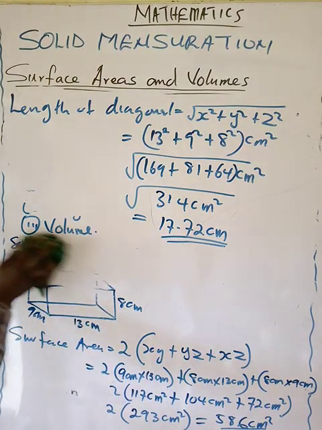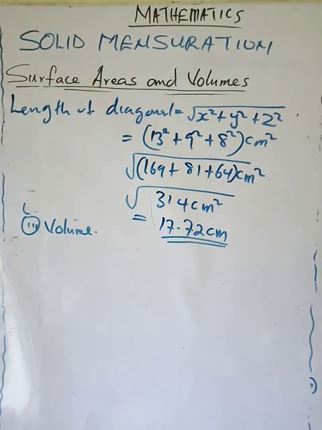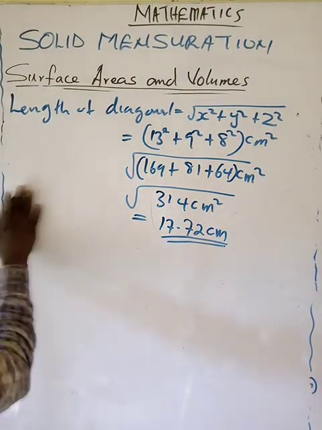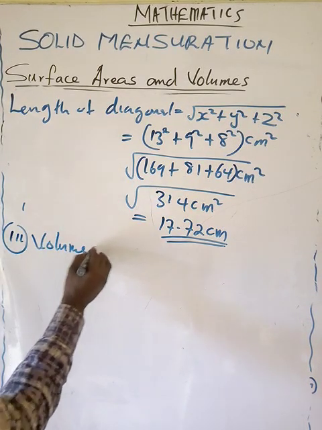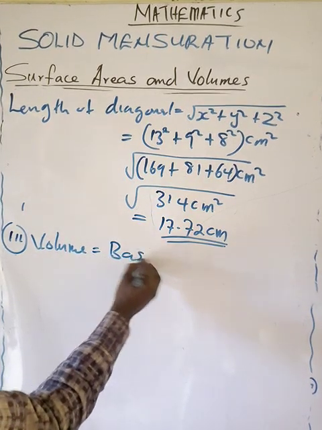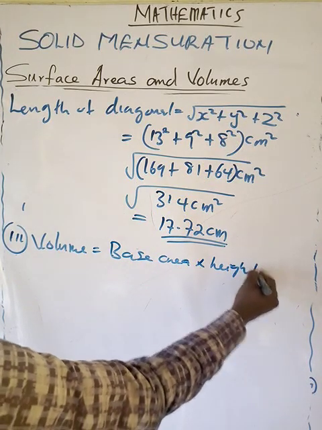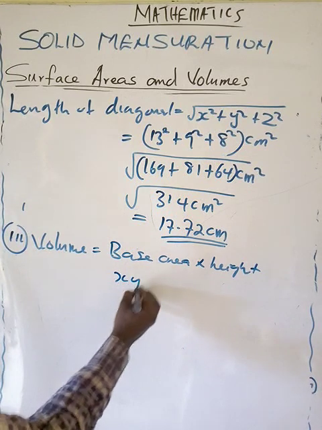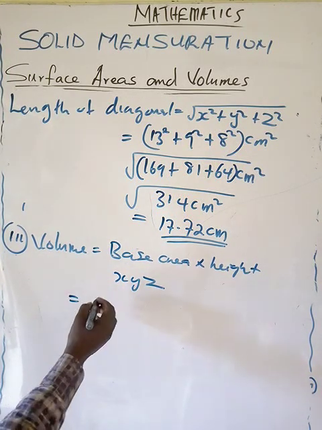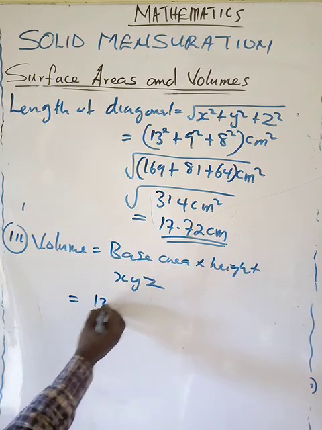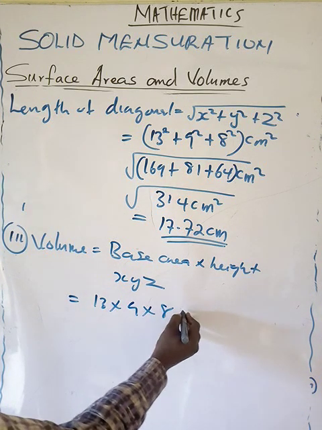And the third one is the volume. The volume is base area times height, which is xyz. Our x is 13 times y 9 times 8.